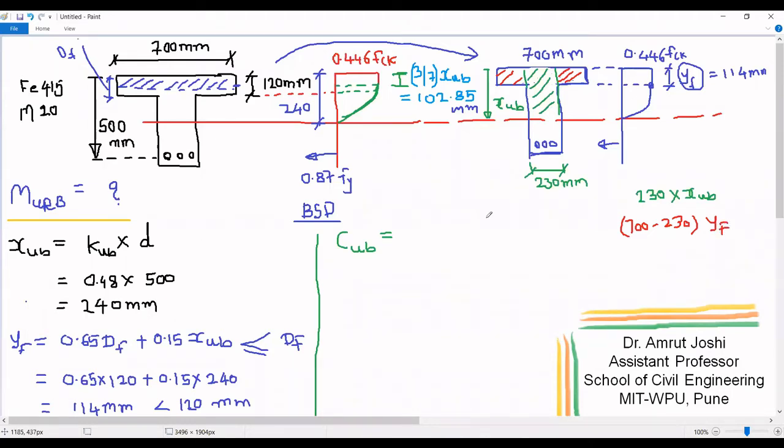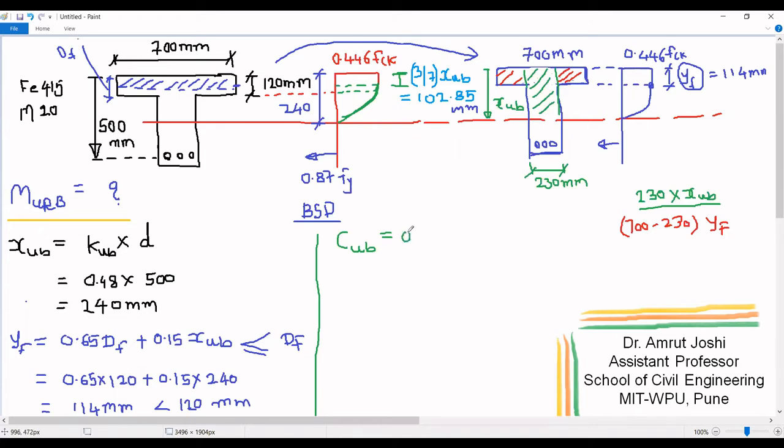Now I will consider the contribution of 230 into XUB portion of this cross section on compression side. As this is the rectangular section and it is subjected to parabolic and rectangular stress block, for this rectangular section we can use the traditional equation that we have derived.